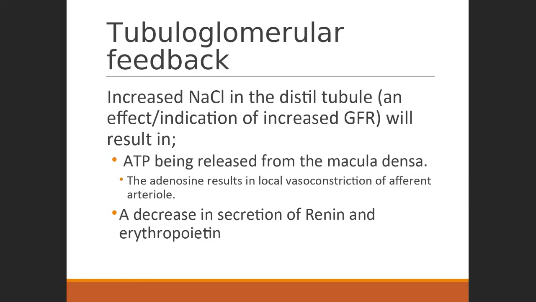So with tubuloglomerular feedback, we see two things happening at once. We still see manipulation of the glomerular arterioles. If we see increased sodium at the distal convoluted tubule, we see the juxtaglomerular cells secrete ATP.